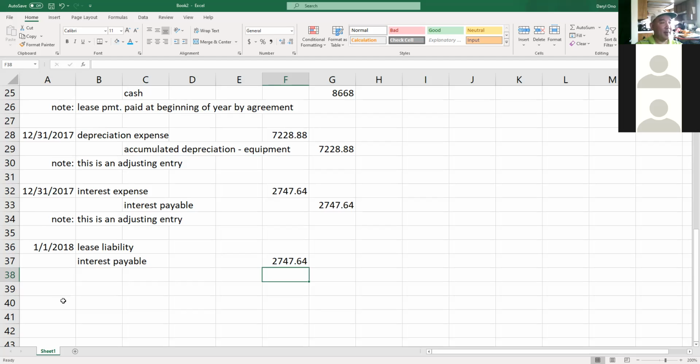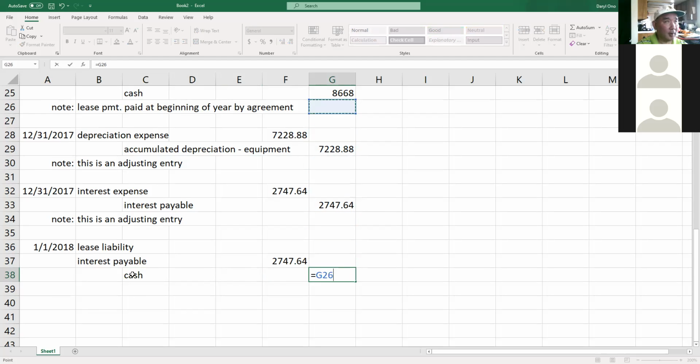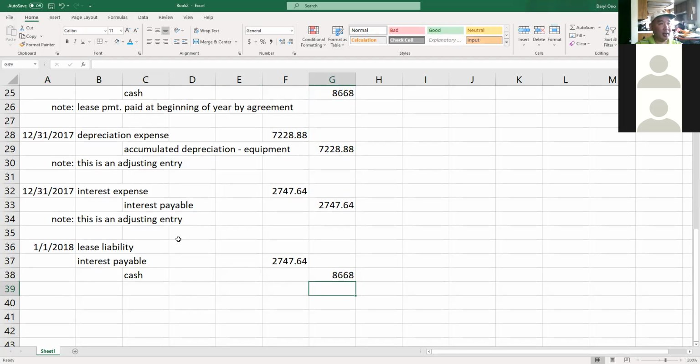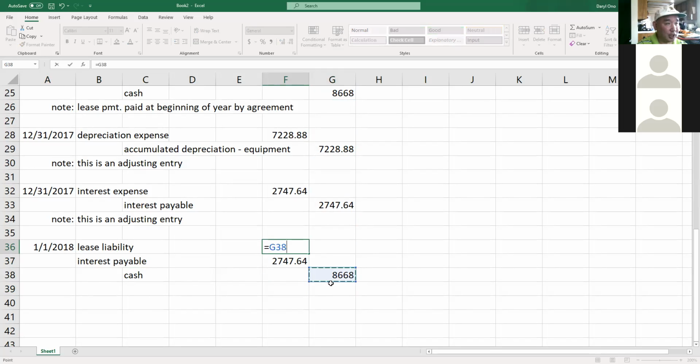We have cash, the amount we have to pay at the beginning of the year, $8668. Therefore, our lease liability is the 86.68 minus the 27.47, so 5920.36.